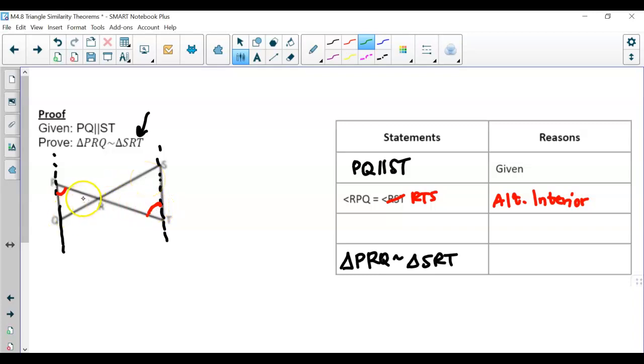You could also state that PRQ is congruent to angle TRS. Why? Because of vertical angles. So you could go different routes with this. However, do we have enough information to state that these two triangles are similar? Yes, because of the AA theorem.